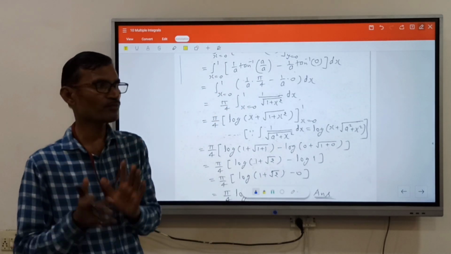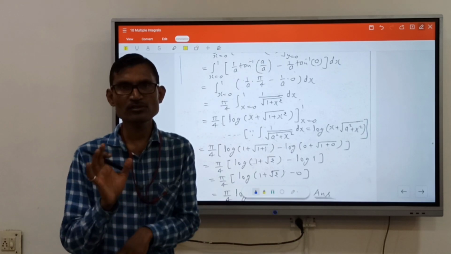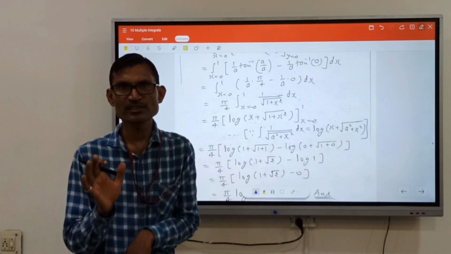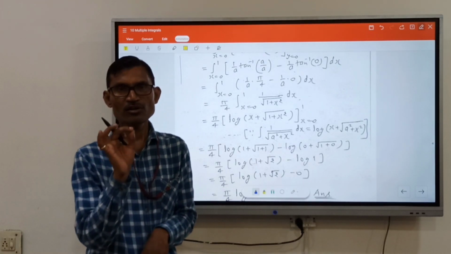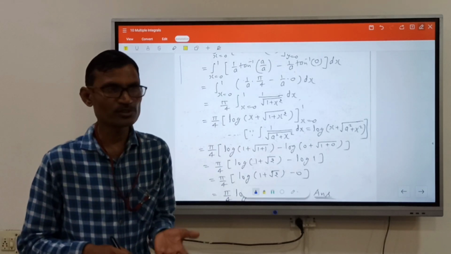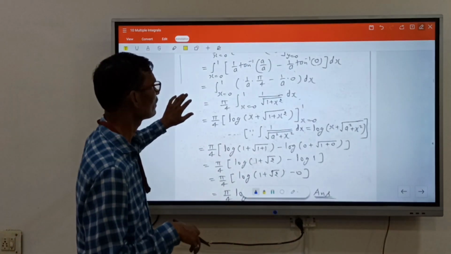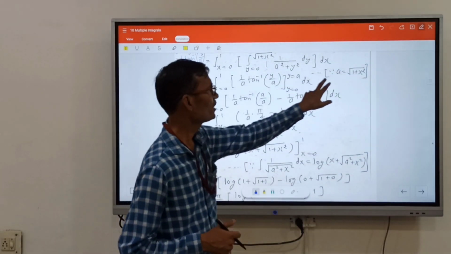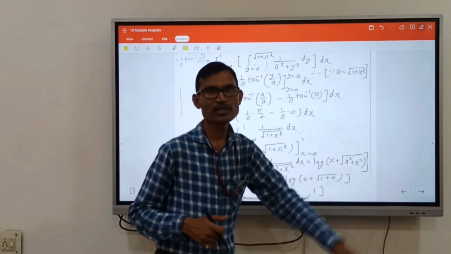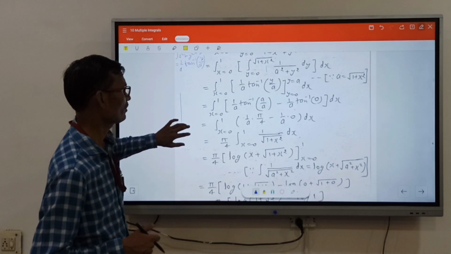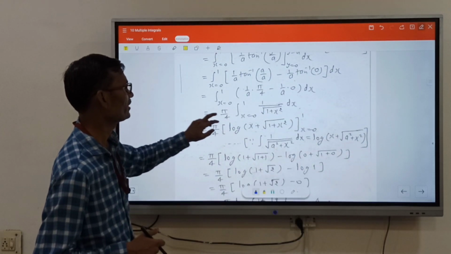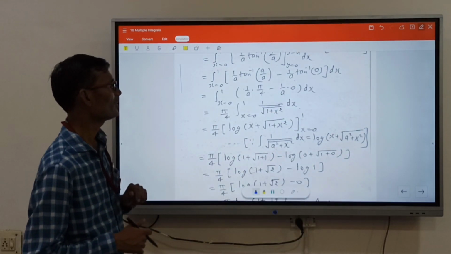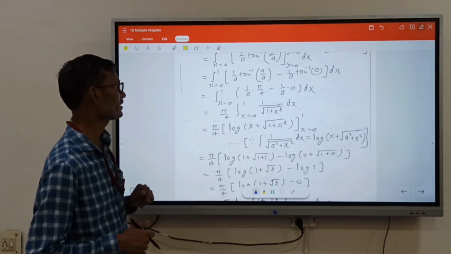We have to remember one thing: a is not a constant in the initial stage. It is the constant which we had assumed. So now we have to replace this a by under root 1 plus x square. So now we have 1 upon under root 1 plus x square.